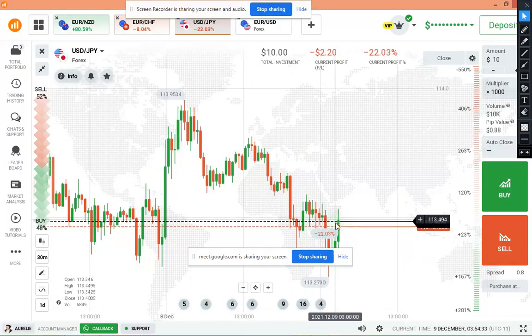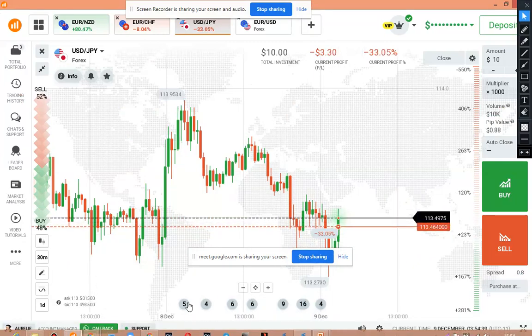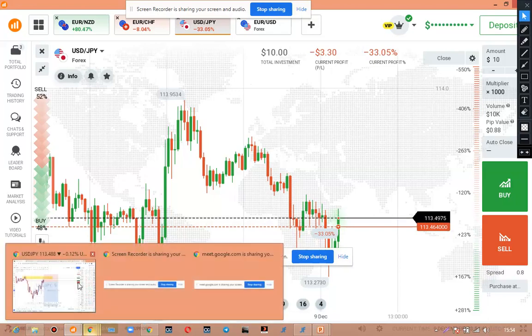I made a mistake here by opening the trade on USDJPY. I should have waited for some minutes before opening any trade on USDJPY.